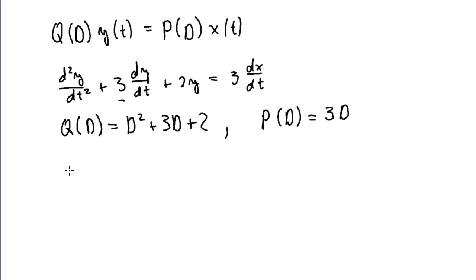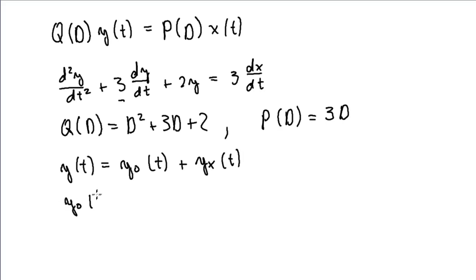We will represent the output as the sum of two components, and we're going to turn our attention to finding these two components. I'll call the components y0 of t and yx of t, where y0 of t is defined to be the zero input response.